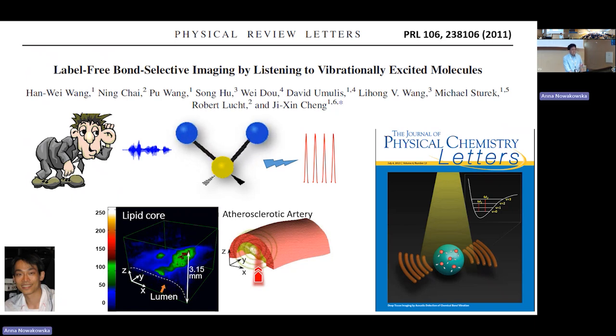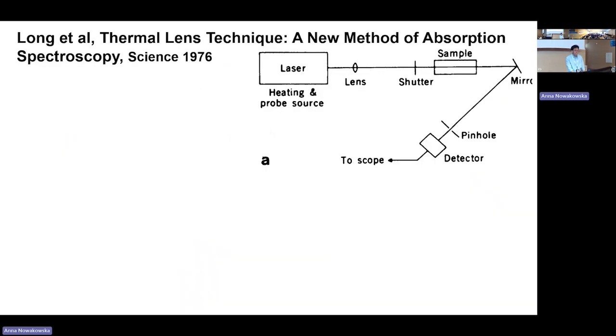But this technique is good, but not good enough in terms of sensitivity. It's only applicable to a chunk of lipid, right? And so at that time, we started to think about other ways to push the limit of sensitivity, and that is photothermal spectroscopy.